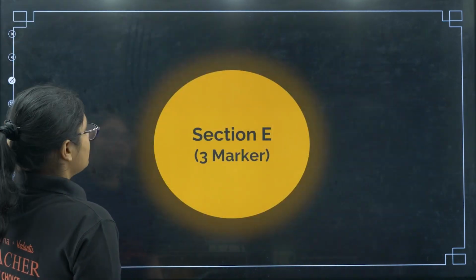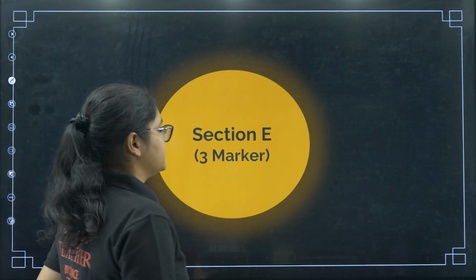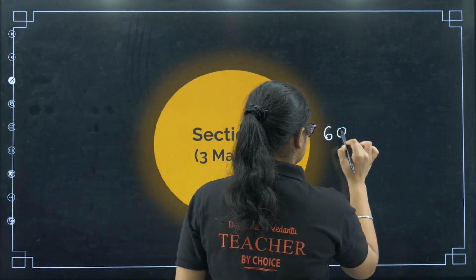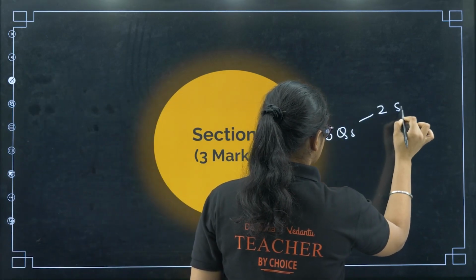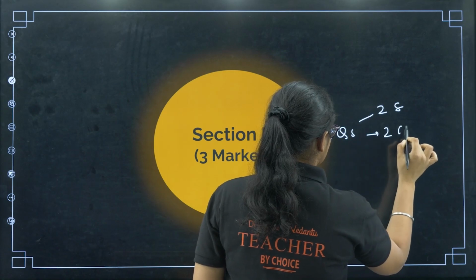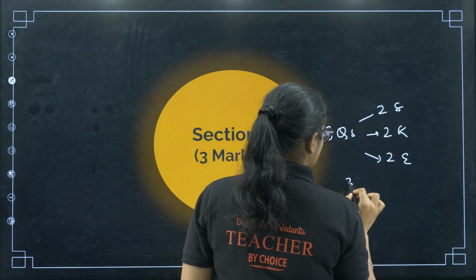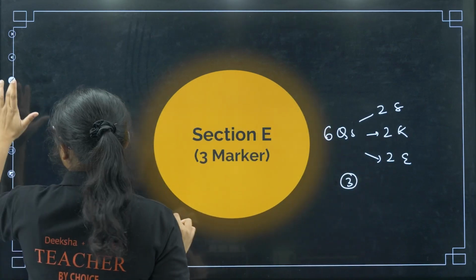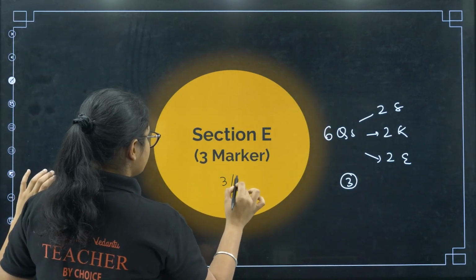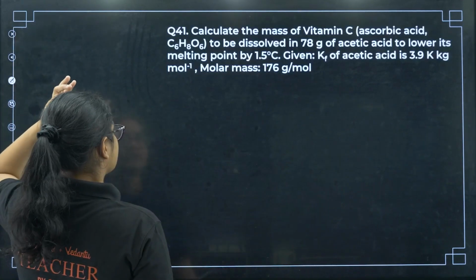Fine. Now we'll go to section E, 3-marker questions. Here we have 6 questions, and you will have 2 from solutions, 2 from chemical kinetics and 2 from electrochemistry, and you have to attempt any 3. So how many do you have to attempt? 3 out of 6. Let us see the first question.